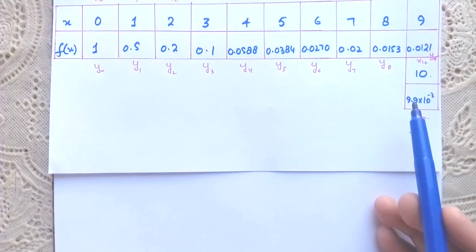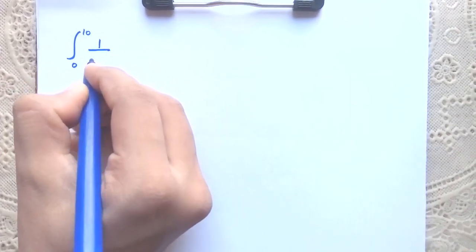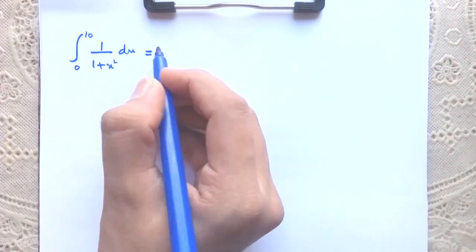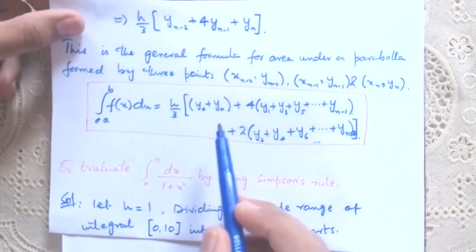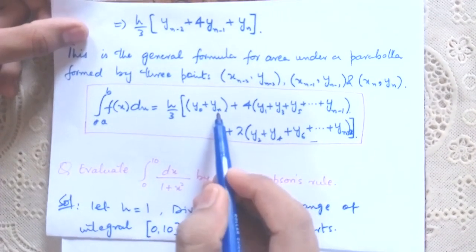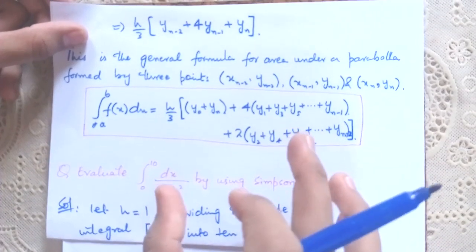right? Therefore, Simpson's formula reduces to integral from 0 to 10 of 1/(1 plus x²) dx is equal to, so ये है general formula for Simpson's rule and in our question yn is equal to y10 because हमने 10 सब intervals बनाए हैं, right?